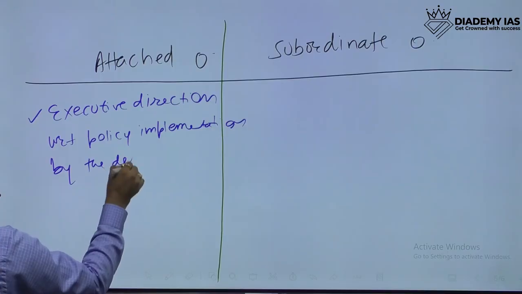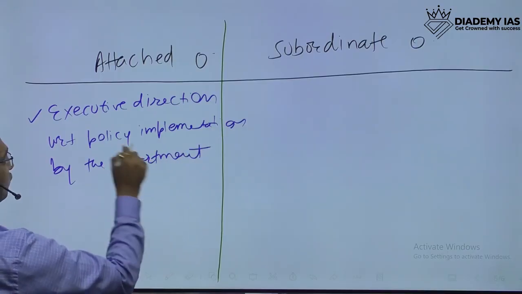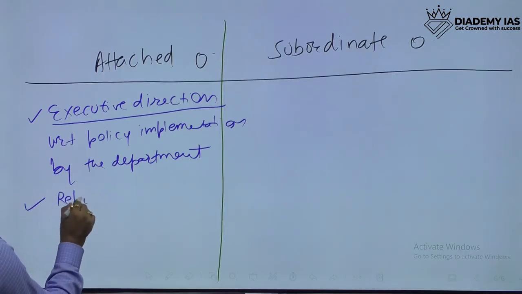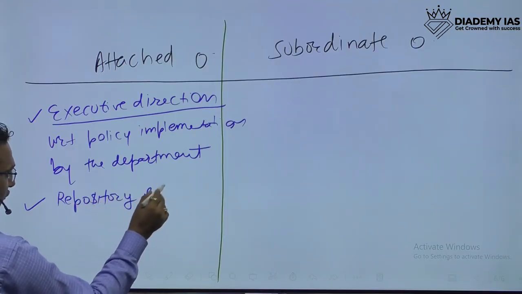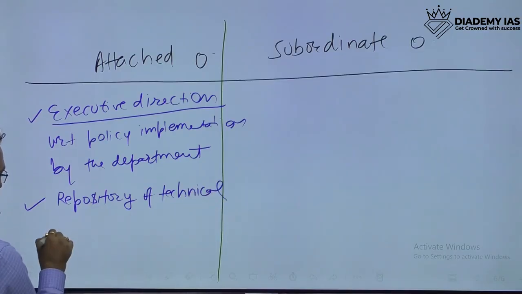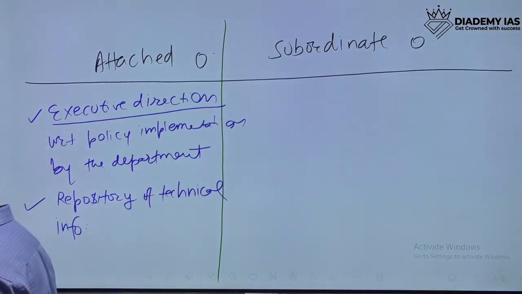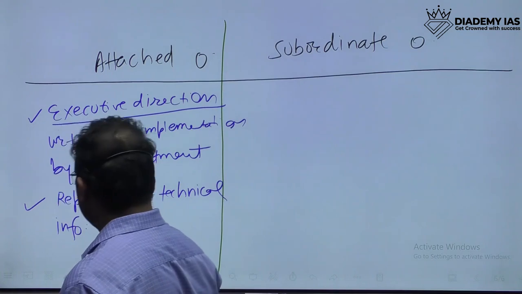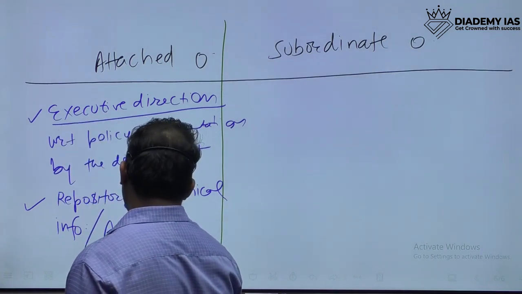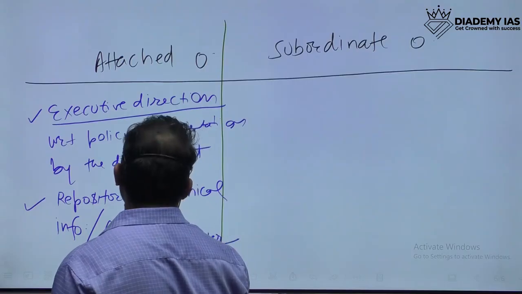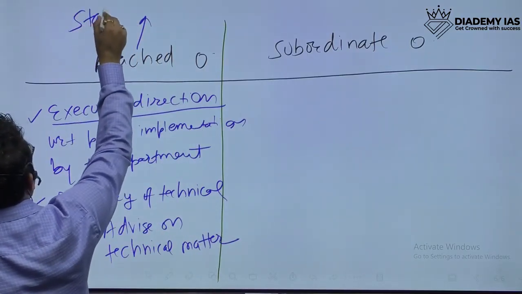In executing department policy, what direction will be followed? These executive directions are given by the attached office, and they act as a repository of technical information and technical advice. They basically give advice on technical matters. So basically they are kind of staff agencies or advisory agencies.